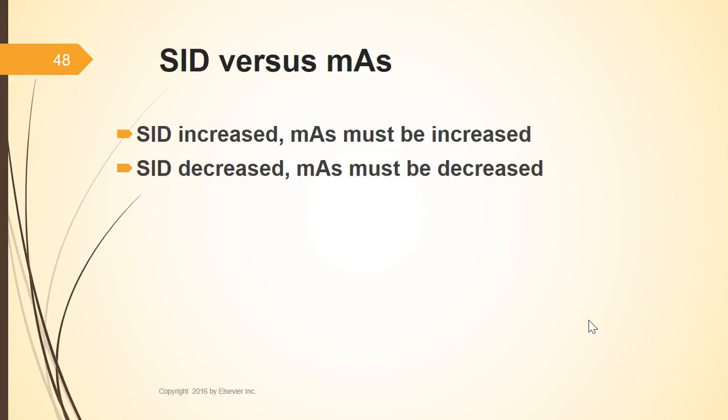When you decrease your SID, the intensity increases, therefore your mass must be decreased. And this is all about maintaining density. Maintaining consistent radiation exposure to the IR when you alter your source to image distance requires the mass be adjusted to compensate. And that formula is a mathematical calculation for adjusting when you change it.